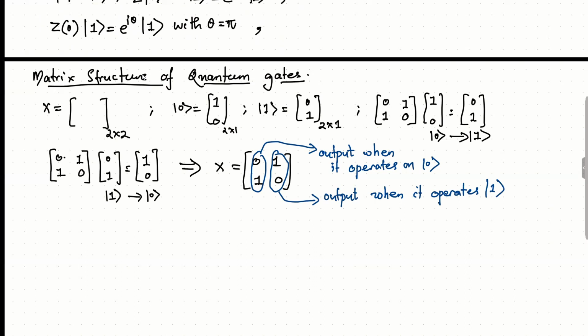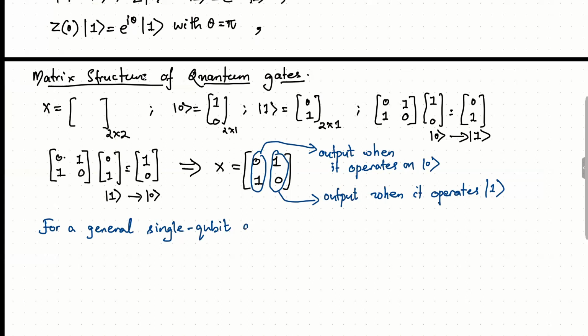So what I'm trying to tell here is, for a general single qubit gate, so here we are operating gates on a single qubit only, right? That's why I'm mentioning it as a single qubit gate.